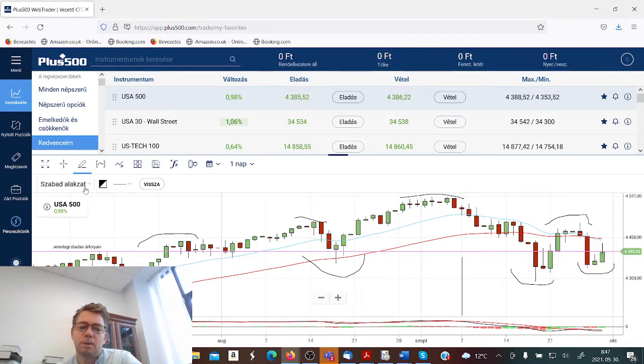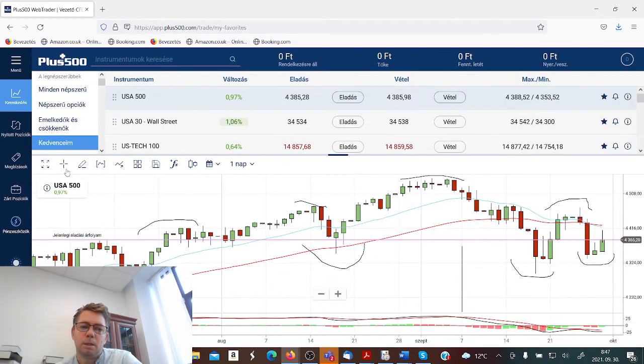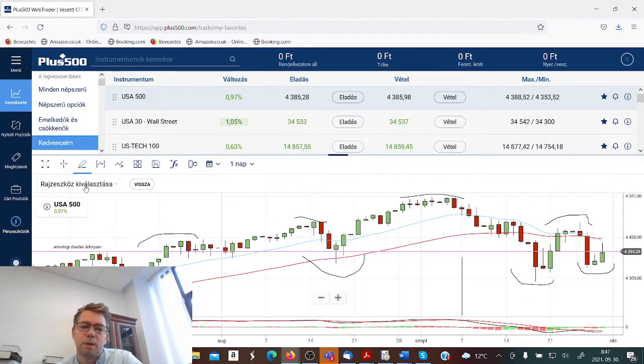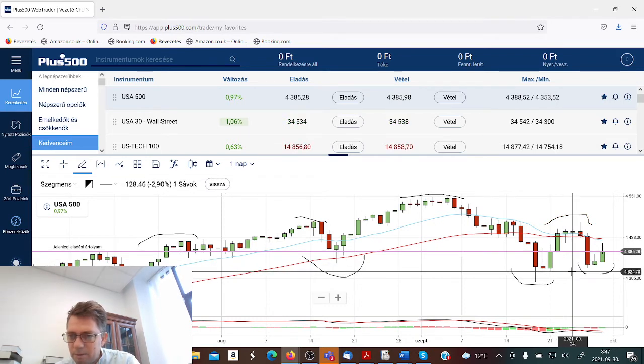Let's see what the target price could be here. Okay, oops. So let me measure this move. This could be a measured move, and of course we need to break above this level. Let's measure it conservatively. So from here, let's not count the weeks. Just make sure this is a conservative one.